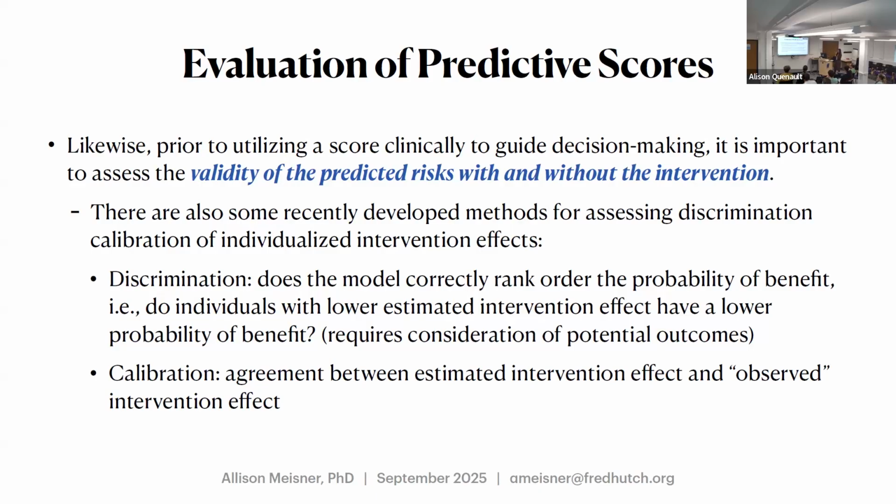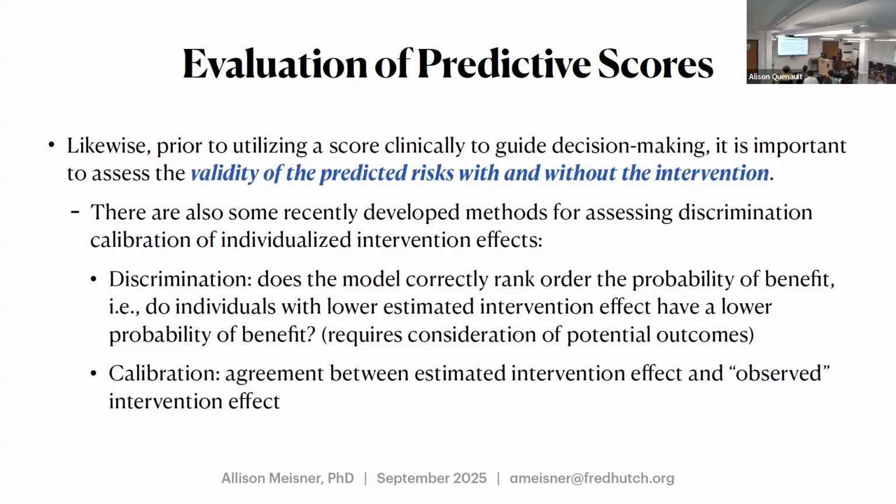So it's asking the question of, do individuals with a lower estimated intervention effect have a lower probability of benefit? This gets a little tricky, right? Because you don't observe outcomes for people under every intervention setting. So you have to get into thinking about potential outcomes, and it's a causal inference framework. So it's a little bit more complex than discrimination in the prognostic model setting.